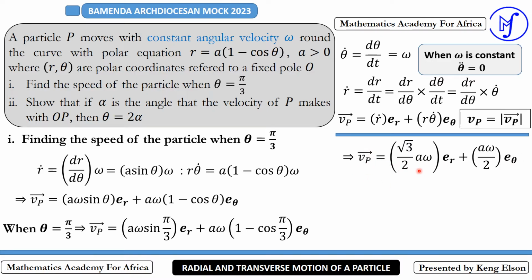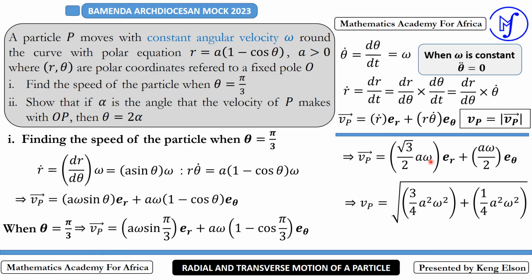Now, knowing fully well that the speed of the particle is the magnitude of the velocity, it means that the speed of our particle becomes the magnitude of our velocity, and the magnitude of our velocity is simply taking the square root of the sum of the squares of the radial and the transverse components of that velocity.